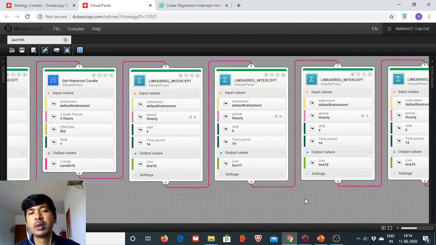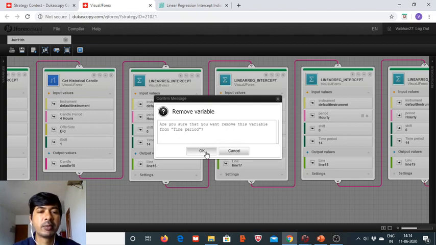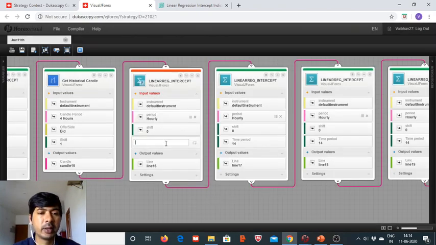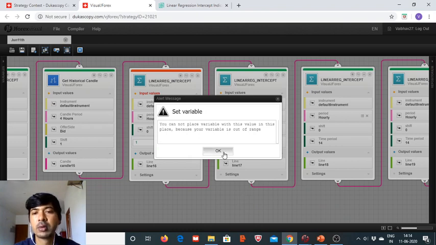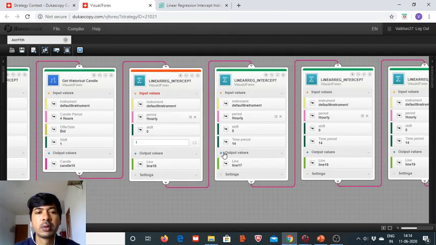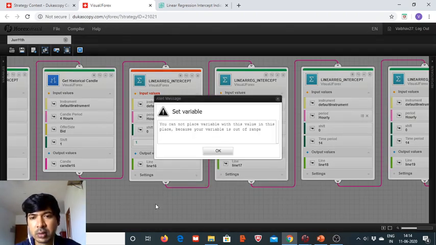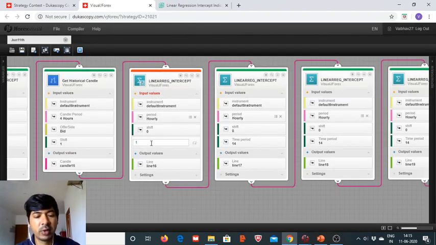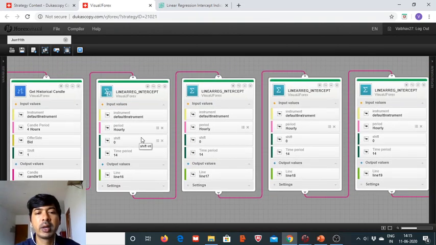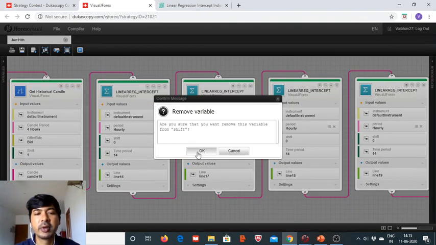Now it needs to be defined for the look back period, and that is starting from 1 to 5. Oops, 1 is fine. Sorry, I think I overlooked this. This time period factor, that is 14, we keep as it is, the default value, and here it needs to be changed actually.